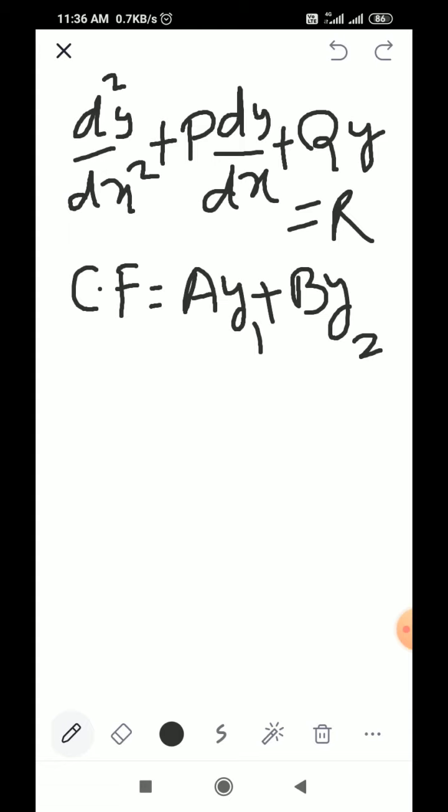So y1 and y2 satisfy the equation d2y by dx square plus p dy by dx plus qy equal to 0.